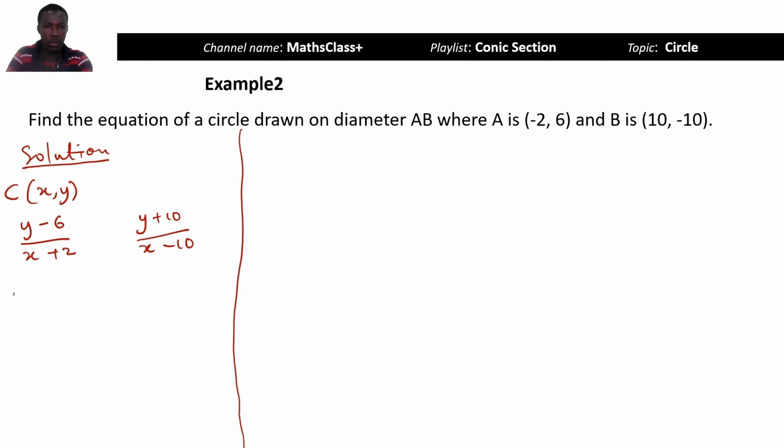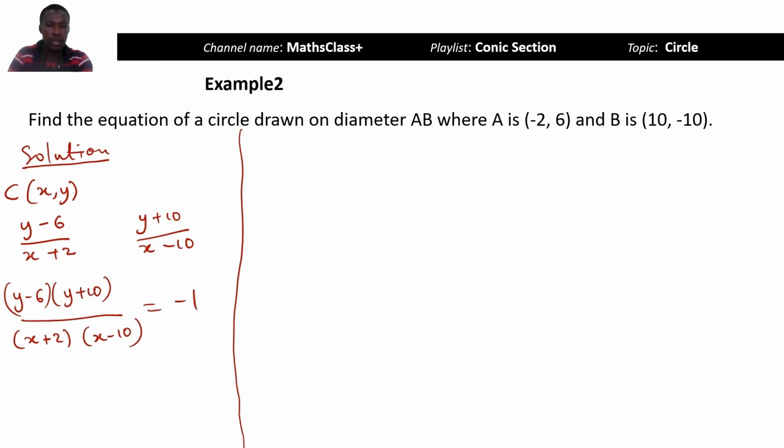So (y minus 6)(y plus 10) divided by (x plus 2)(x minus 10) should equal negative 1.